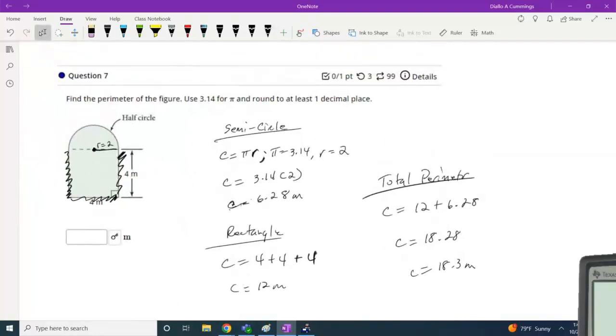All right. So here we had two figures to compose one figure. So you want to be careful what you're actually finding. So we found the circumference, which was the top half, and then we found the three sides of the rectangle.